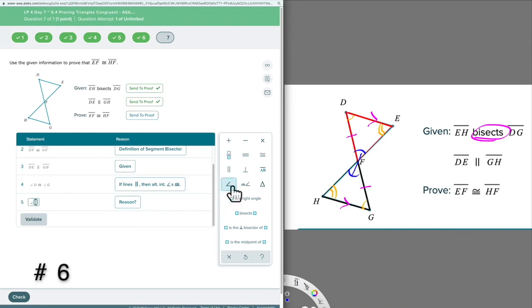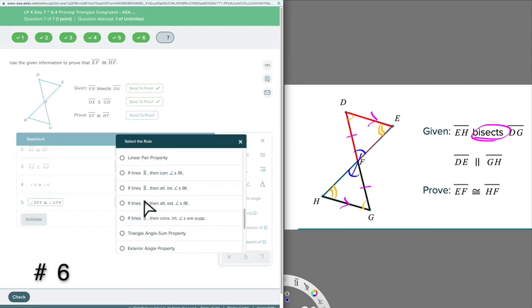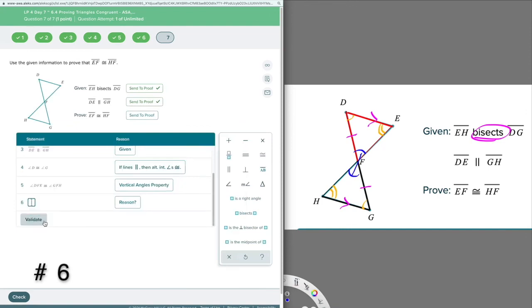So angle DFE is congruent to angle, and I don't want to come down here to H because D corresponds to G. So make sure you go GFH. And the reason for that is they are vertical angles. So let's go down and find vertical angles. There it was. And validate.